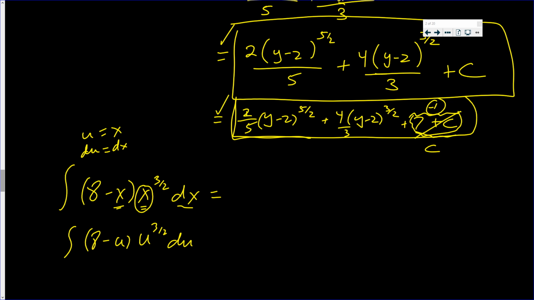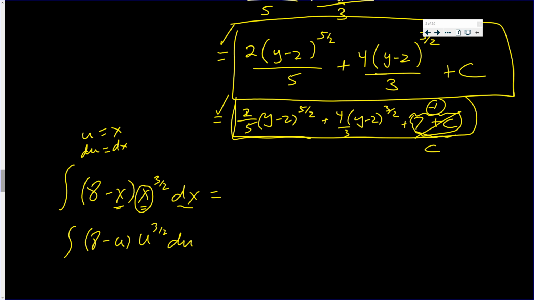Keep the common denominator. So the final answer will be 8x to the, 3 plus 2 is 5 halves. And then you divide by 5 over 2. Minus x to the 5 plus 2 is 7, so x to the 7 halves divided by 7 over 2 plus c.